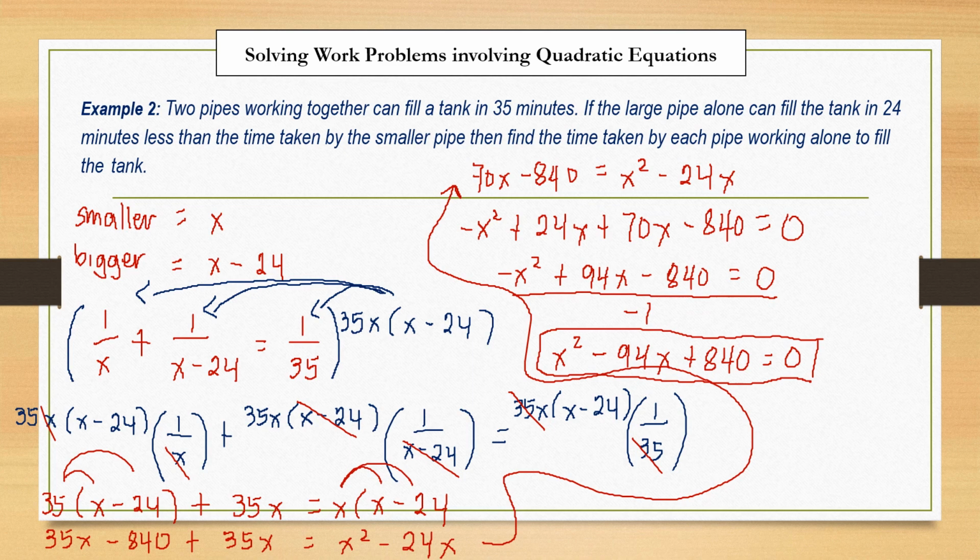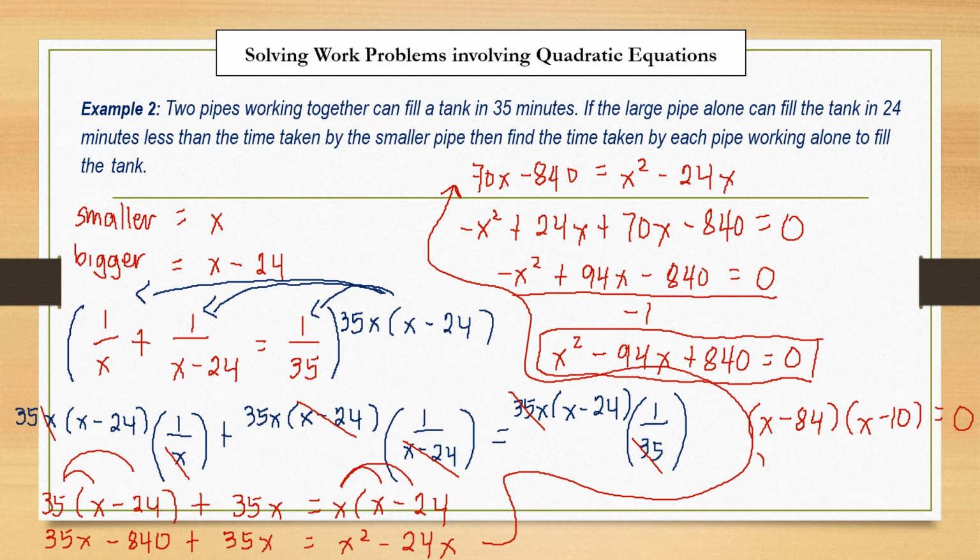So let's say we choose factoring. So how can we factor this? What are the factors of positive 840 that will give us negative 94 when added? That would be negative 84 and negative 10, since negative 84 times negative 10 is positive 840, and negative 84 plus negative 10 is equal to negative 94.